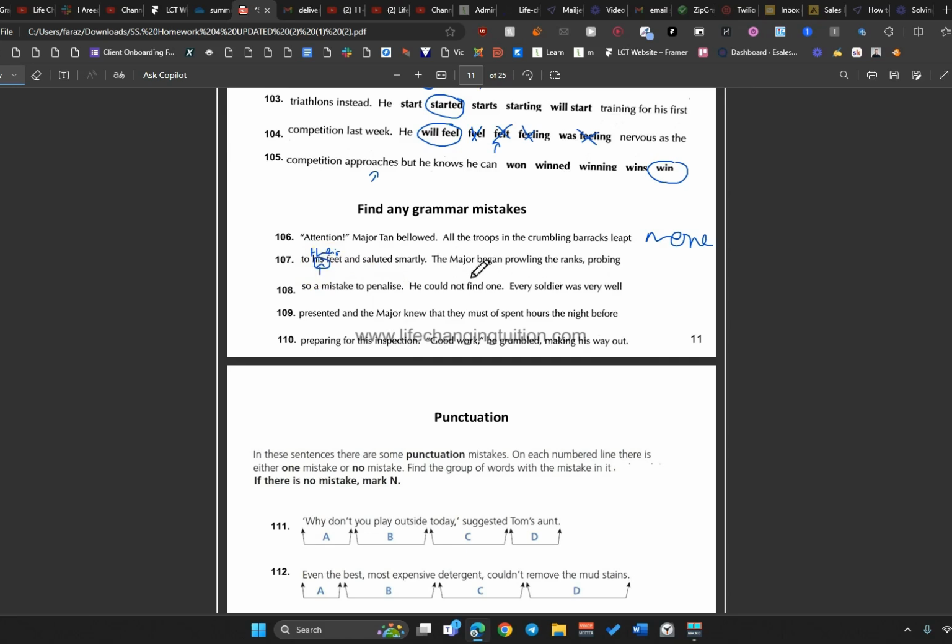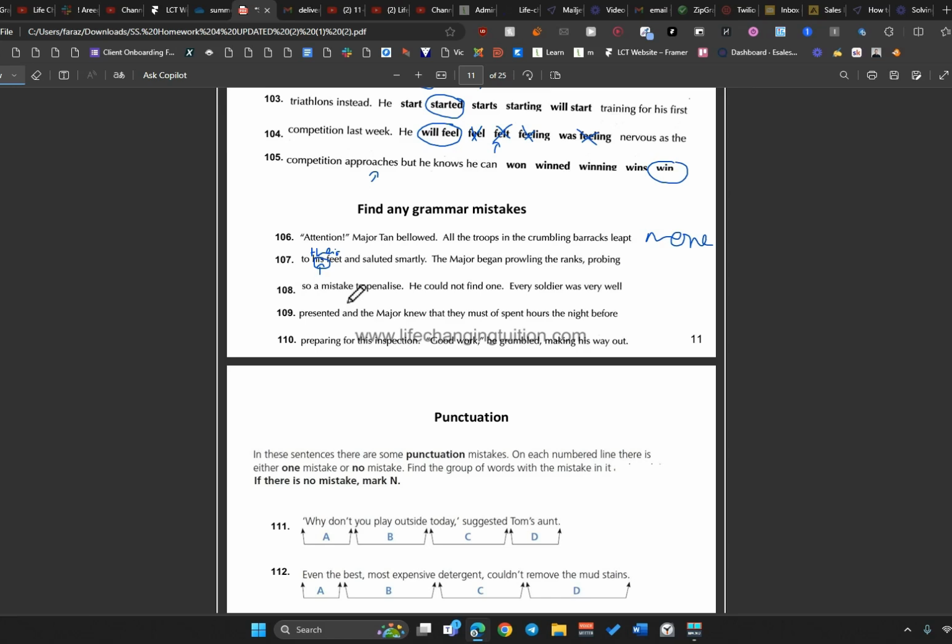So that's going to be the grammar mistake there. If we go to the next one, the major began prowling the ranks, probing, so a mistake to penalise. So that really doesn't make sense. Well, let's think of what we can replace that with to make it make sense. That will let us know where the grammar mistake actually is.